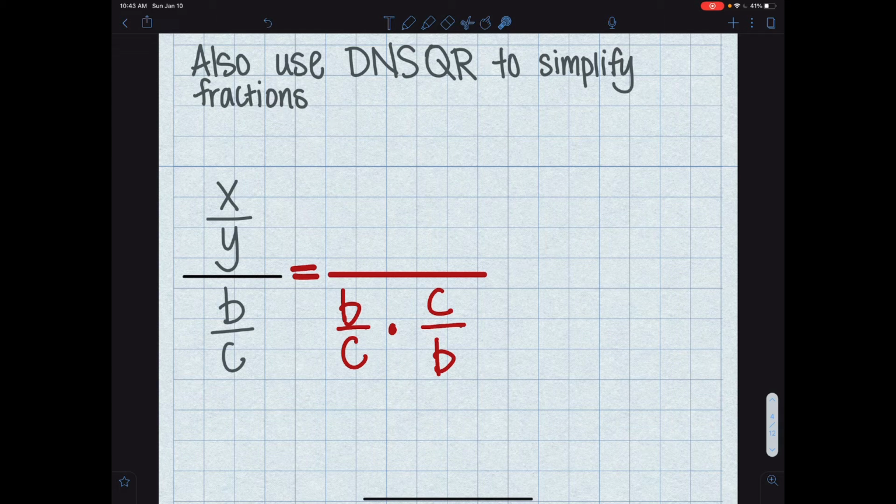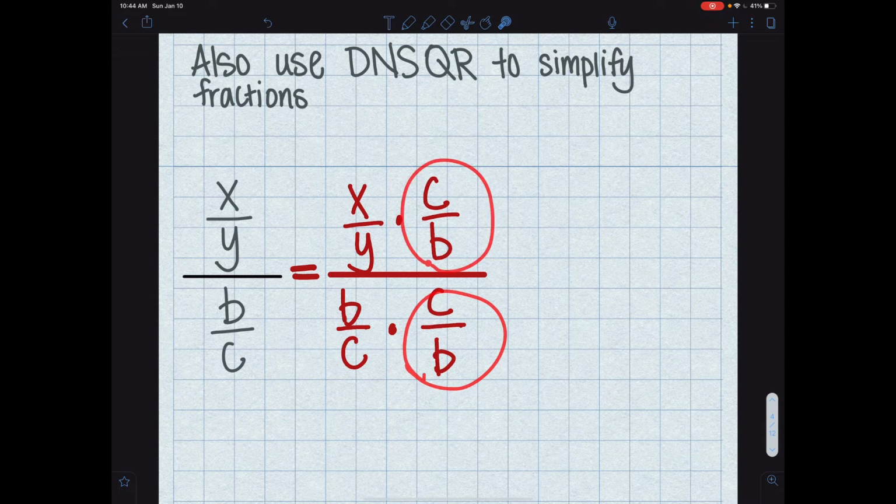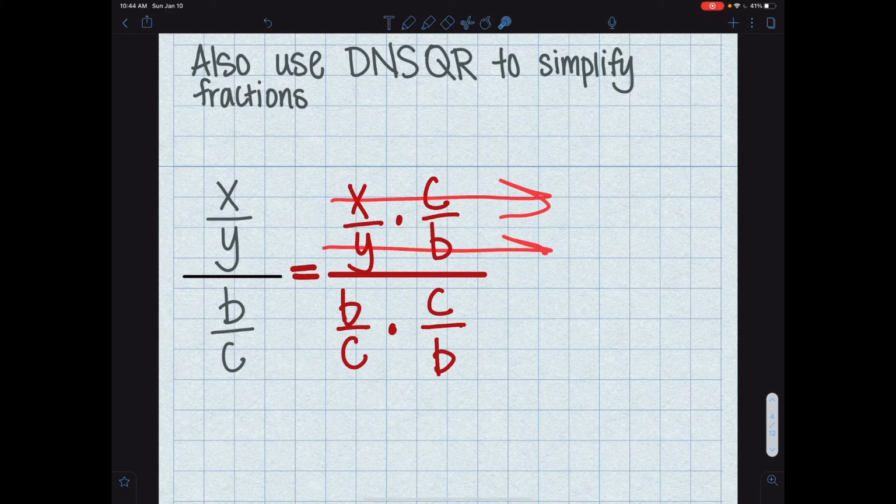But whatever you do to the bottom, you also have to do to the top. So let's bring that numerator over, x over y times c over b. Why? Because I'm using the de Nuesquisser rule. If I did it to the bottom, I got to do it to the top, right? Okay, so now we multiply straight across here, straight across here, straight across here, and straight across here.